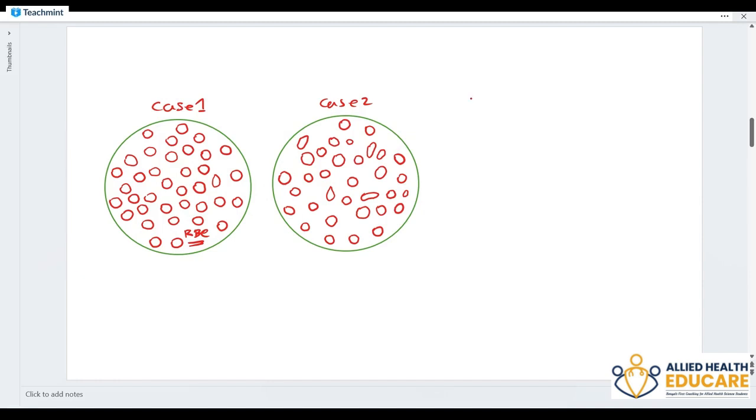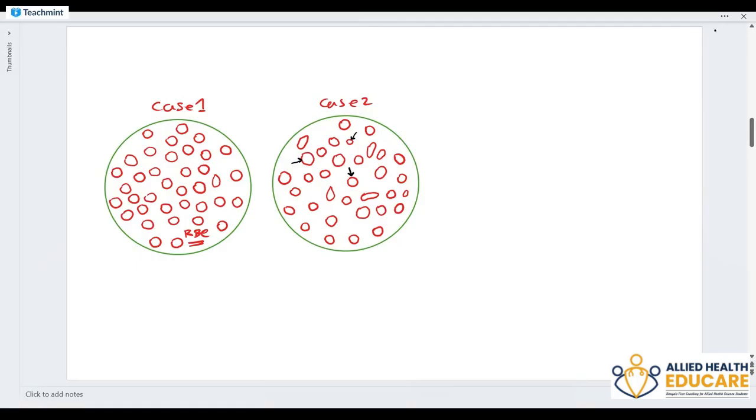So here you can see case number 2. Some RBCs are normal in shape. This is normal. Some RBCs are smaller, and some RBCs are larger, so there is a variation in sizes.